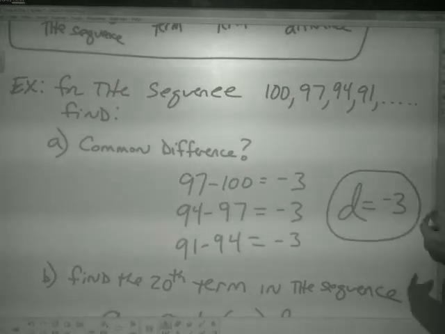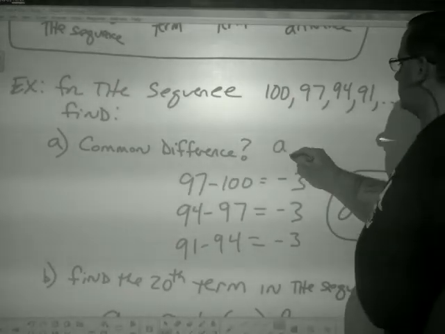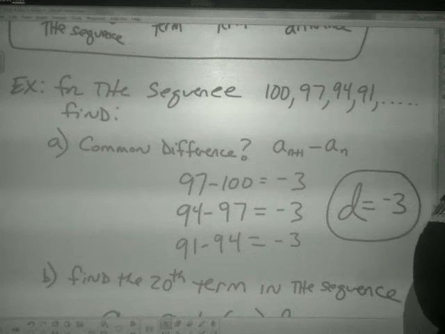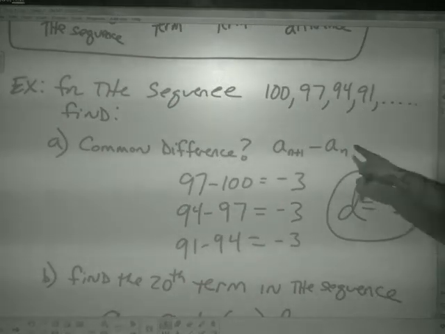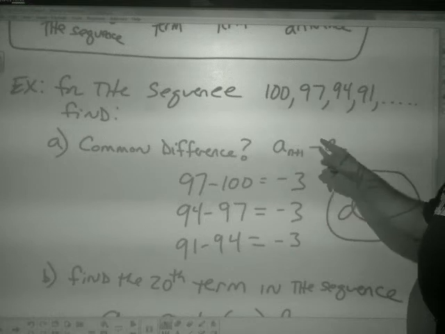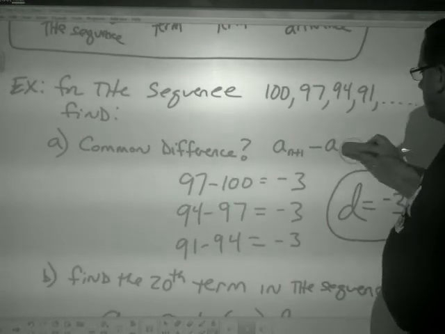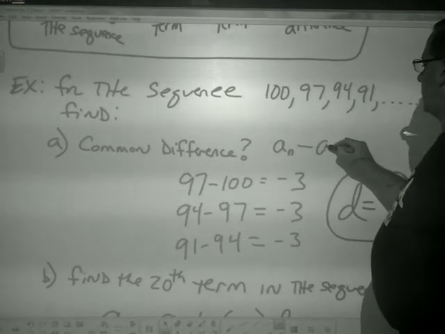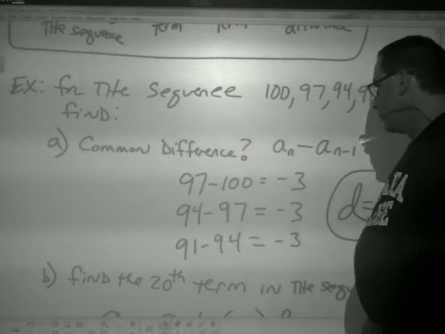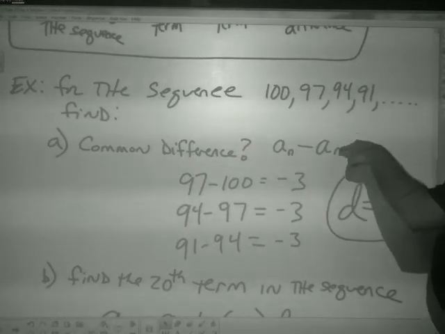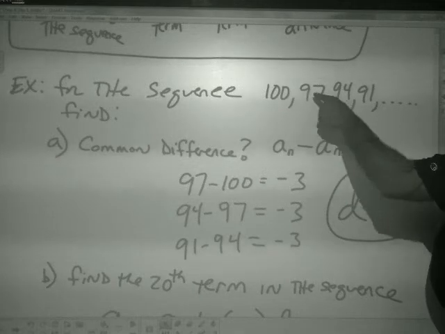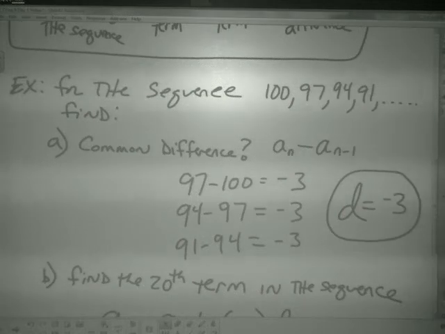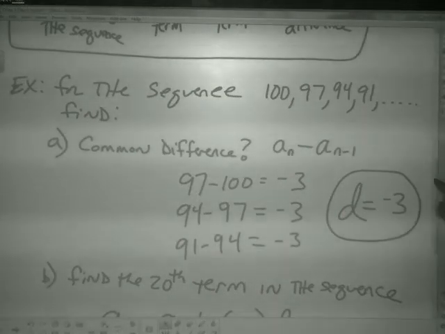So to find a common difference, you always take a sub n plus 1 minus a sub n. Some people will see it written this way: a sub n minus a sub n minus 1. Any number minus the number before it. So if I had the 3rd number, I would subtract off the 2nd number. My common difference is negative 3.